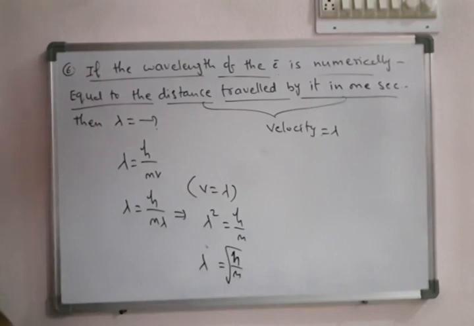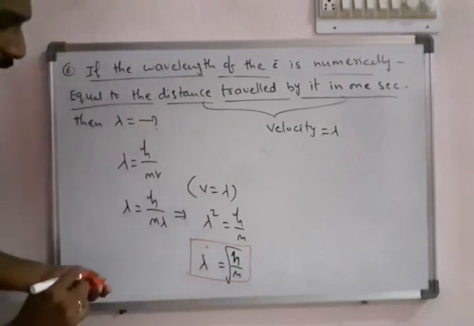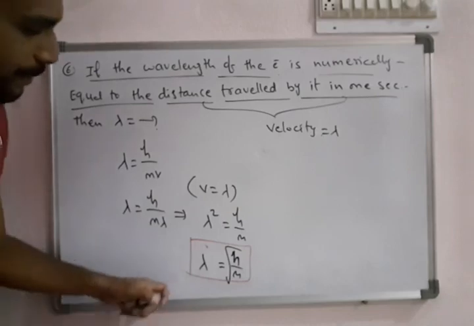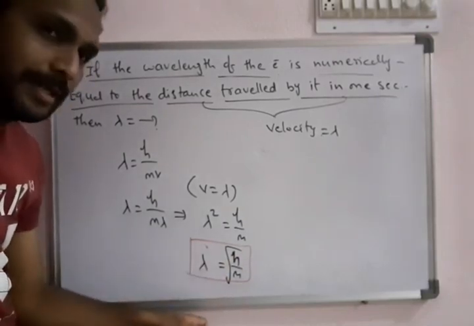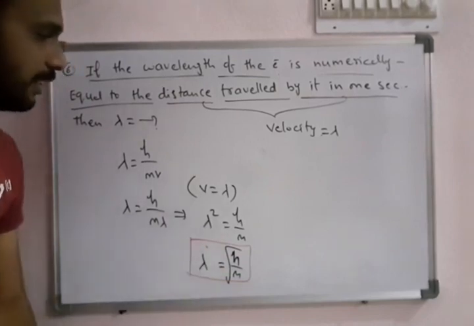This is also useful in some types of problems where the velocity is equal to its wavelength. Then directly we can write lambda is equal to root h by m, where m indicates the mass of that particle. Okay.